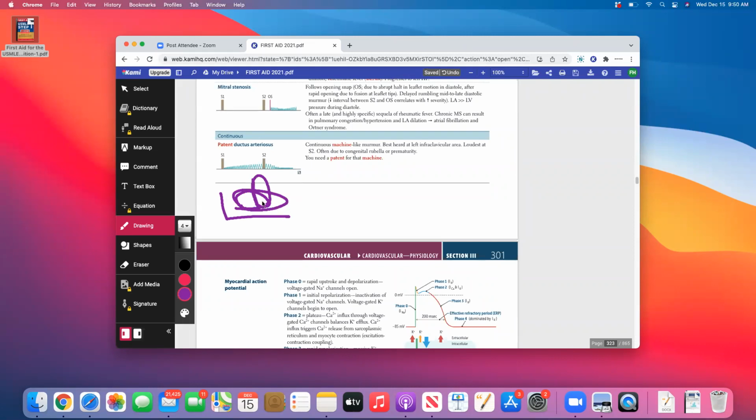If this is the normal, and I draw another one like this, what does this one indicate? Increase of contractility. What is the valvular abnormality for this one? This is the normal, and this is the new one. Aortic regurgitation.